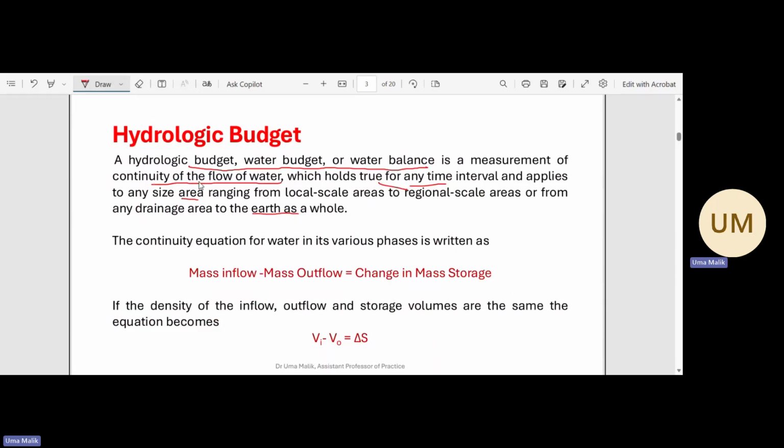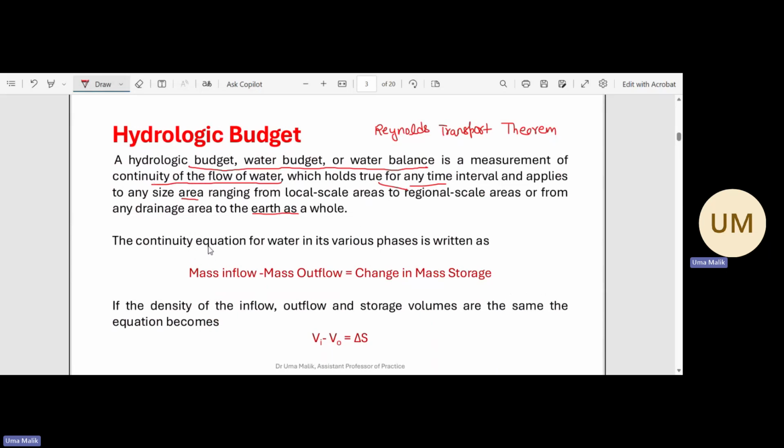The continuity equation we use to measure flow of water was derived from the Reynolds transport theorem, which we studied in fluid mechanics. We use this theorem because we want to analyze with respect to a control volume instead of the systems approach. So that is where it is coming from.